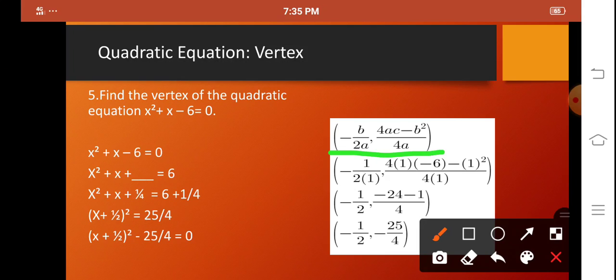Then for k, we have 4ac minus b squared over 4a. We substitute values. So we have 4 times 1 times negative 6 is negative 24. Then 1 squared is 1, so that's minus 1. So negative 24 minus 1 over 4. That's negative 25 over 4. So our vertex is negative 1/2 and negative 25 over 4.